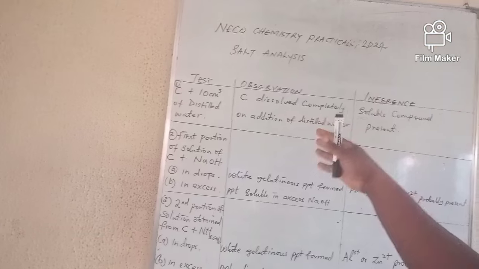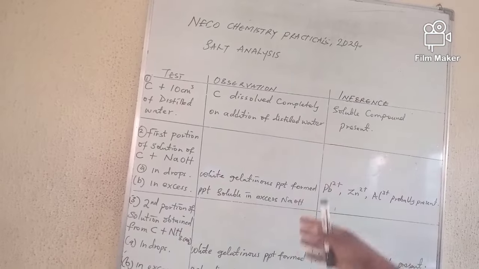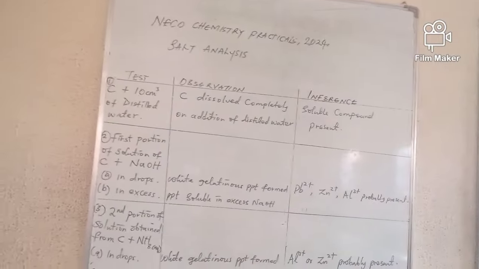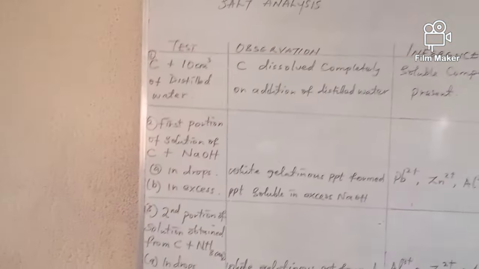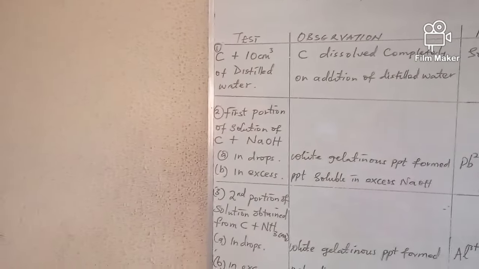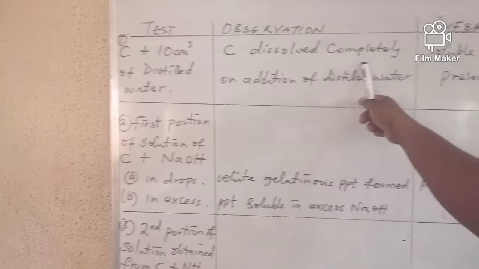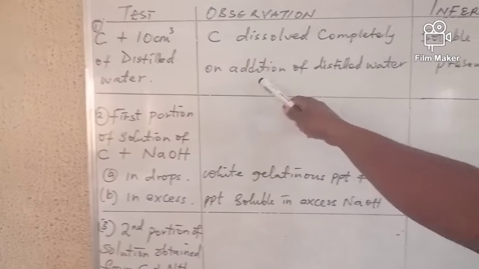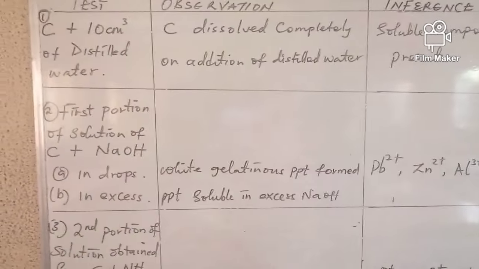Then we have C plus 10 cm cubed of distilled water. Like I said earlier, since zinc chloride is a polar compound, it's going to dissolve in water. So the observation will be: C dissolved completely on addition of distilled water.